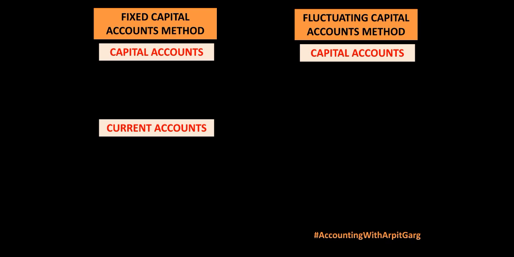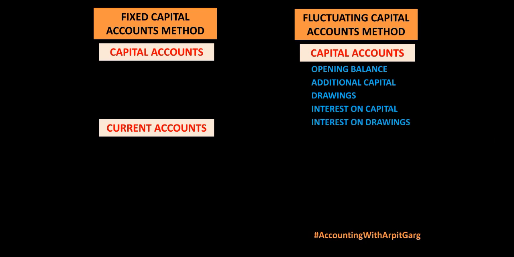As we have only one account in the fluctuating method, first we will study that. We have opening balance, additional capital, drawings, interest on capital, interest on drawing, remuneration, profit or loss, and our closing balance, that is our balance sheet.